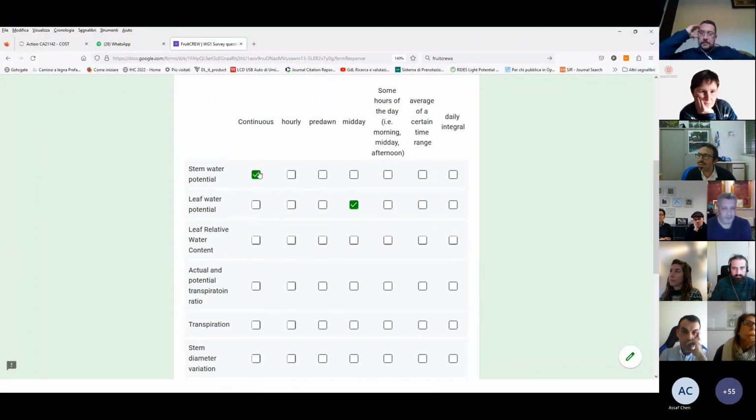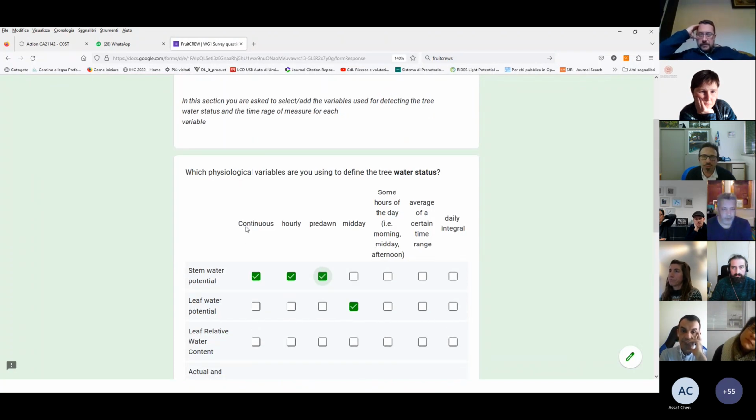And here you can select, for example, the time range, if it is continuous, hourly, pre-dawn, midday, some hour of the day. For example, I measured photosynthesis in the morning, at midday, and in the afternoon. I don't have continuous measures, but I have measures of 3 different times of the day, for example.